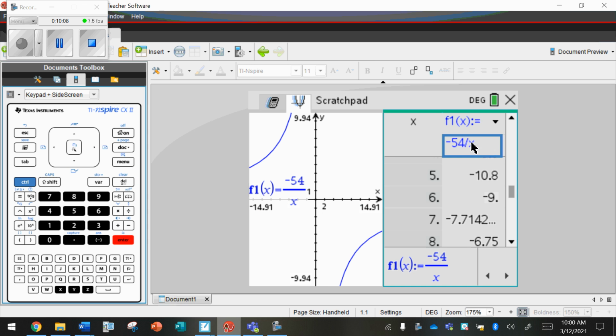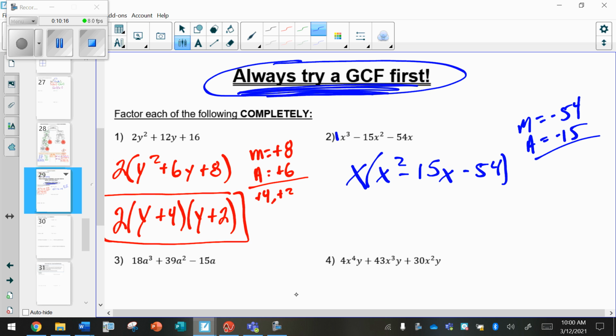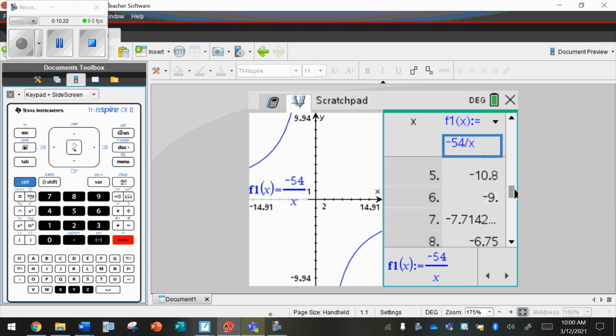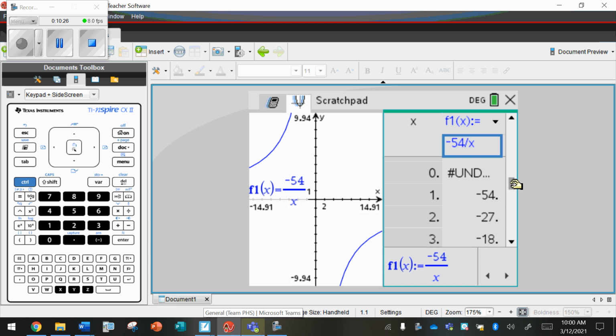You're going to type in negative 54 divided by x. You're going to go to the table and figure out how we can make a negative 15 from two numbers that multiply to be negative 54. And we're dealing with whole numbers, so anytime you see a decimal, just skip it. These would add up to be negative 53.